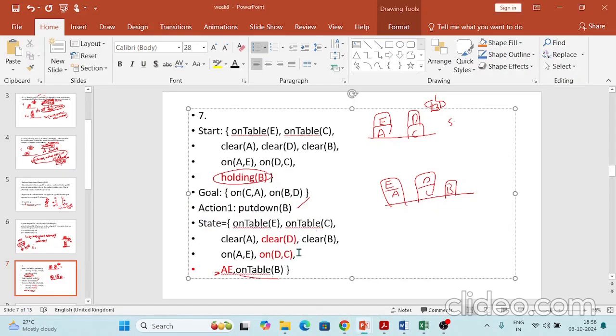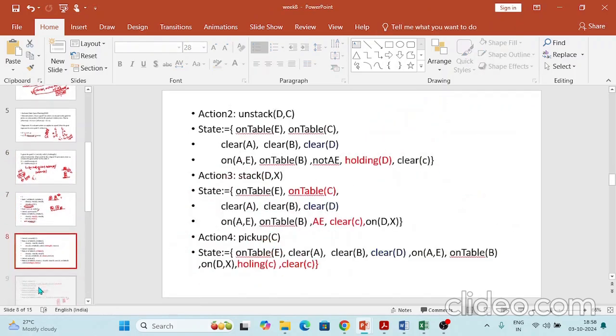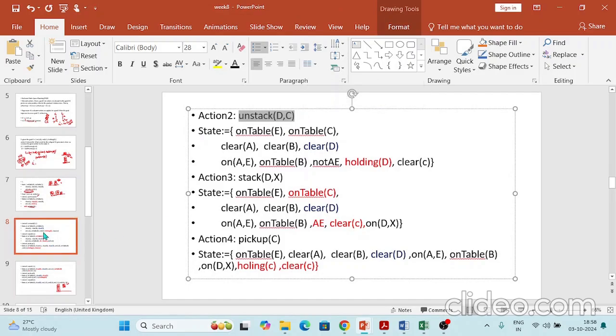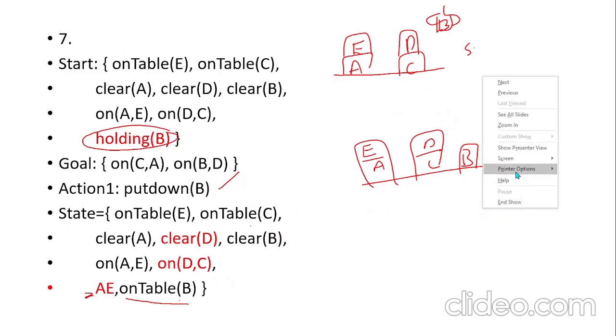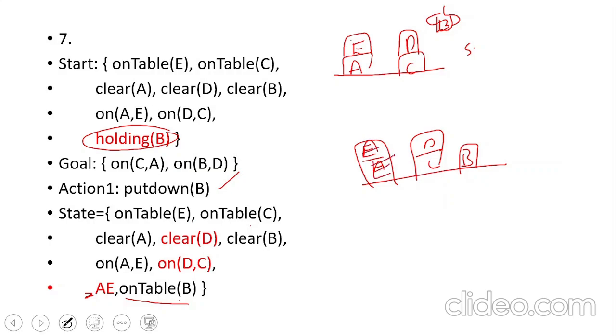Next, what is the next action we are doing here? Unstack D C. Why are we unstacking D C? C should be on A, on A E, with A and E like this. C means C should be on A. So first we need to unstack this one.